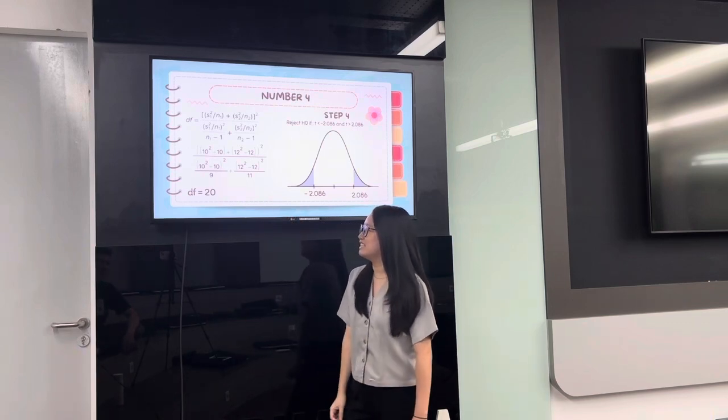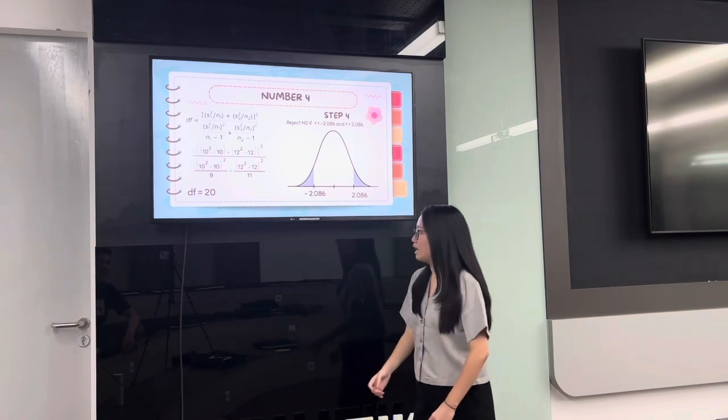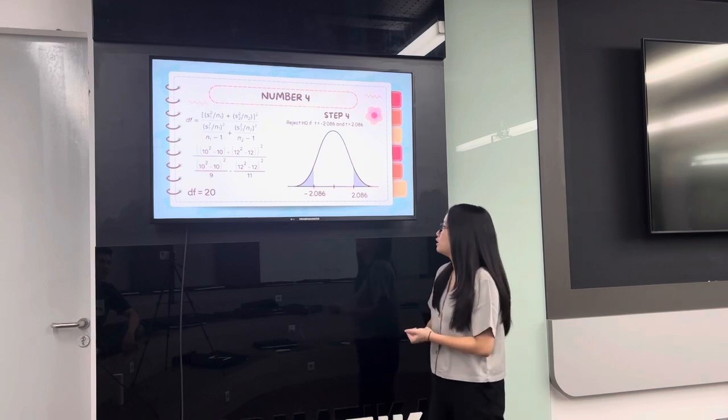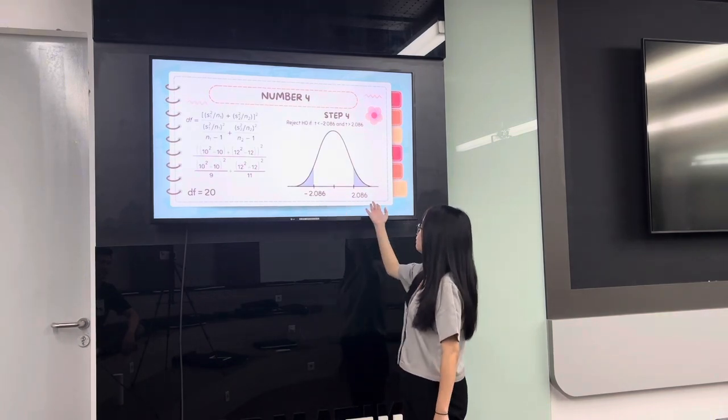So the degree of freedom is 20. So the alpha is 0.05 and the degree of freedom is 20. So the t, we get this from the table.